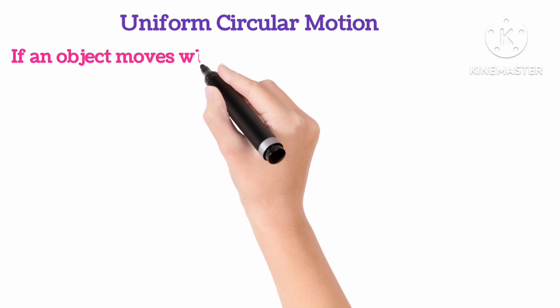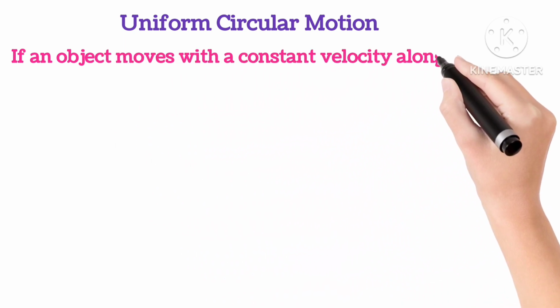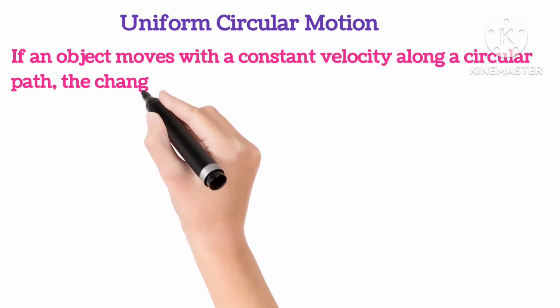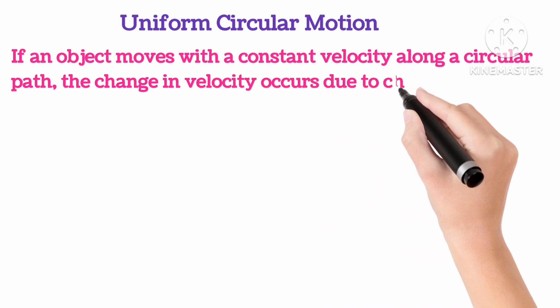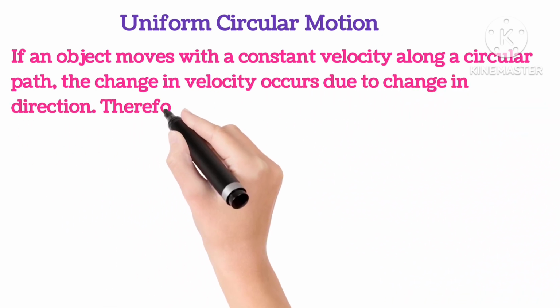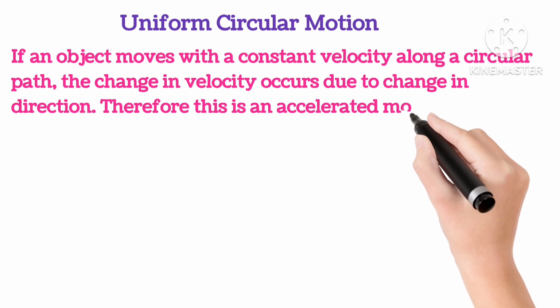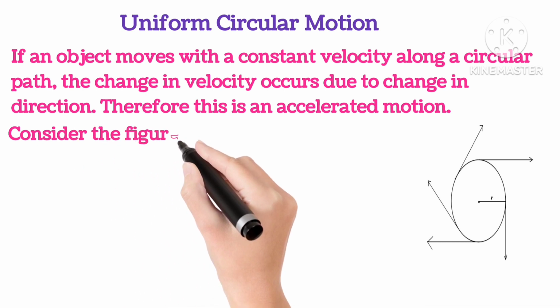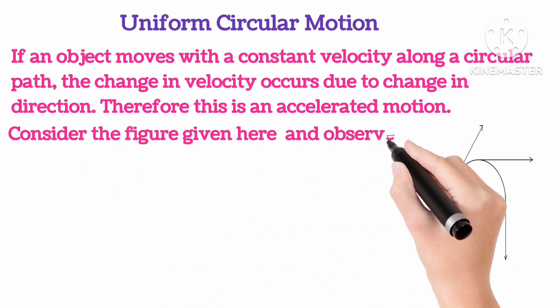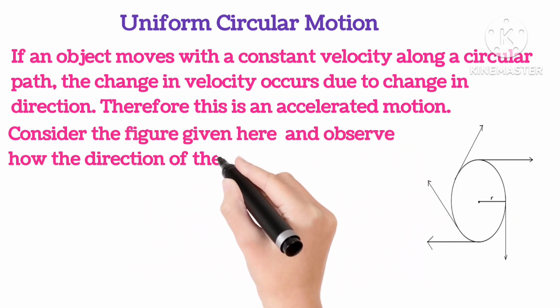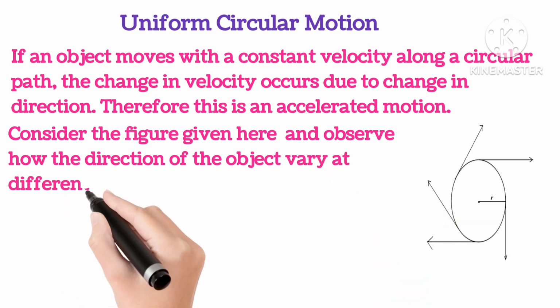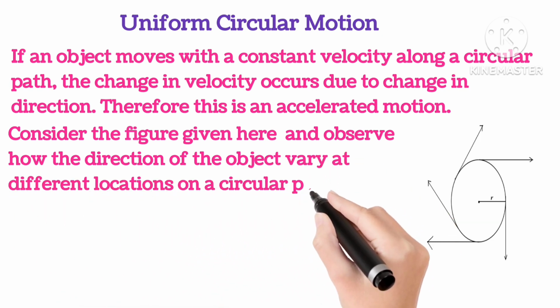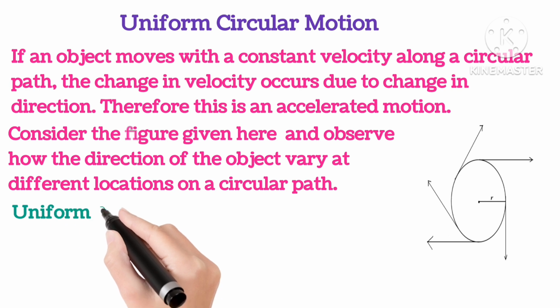Uniform circular motion. If an object moves with a constant speed along the circular path, the change in velocity occurs due to change in direction. Therefore, this is an accelerated motion. Consider the figure given here and observe how the direction of the object varies at different locations on a circular path.